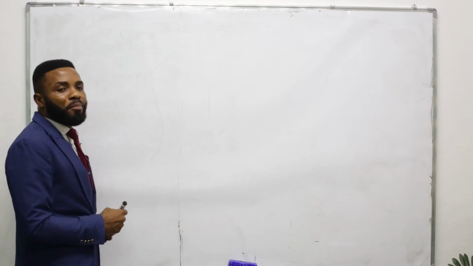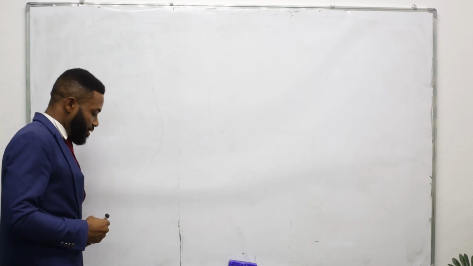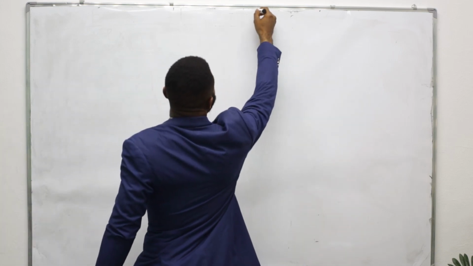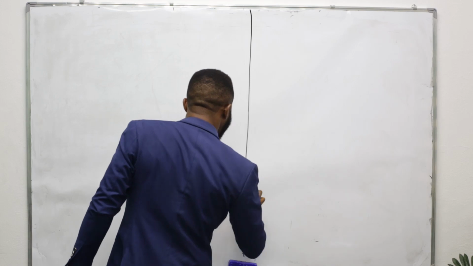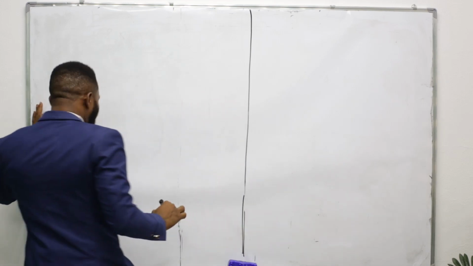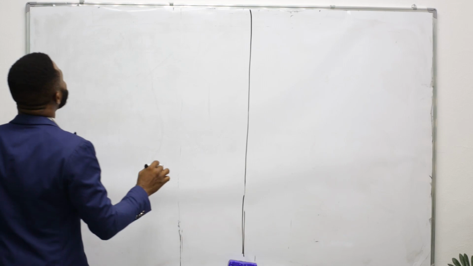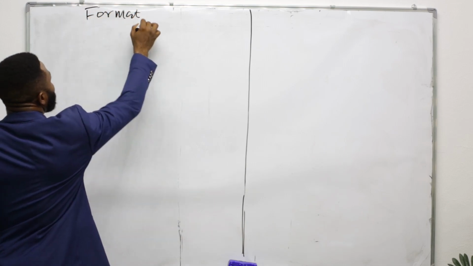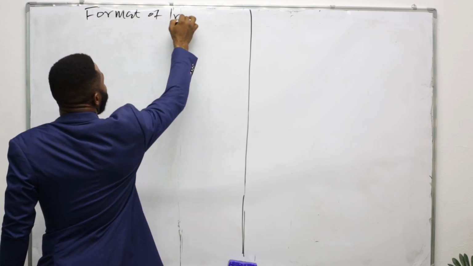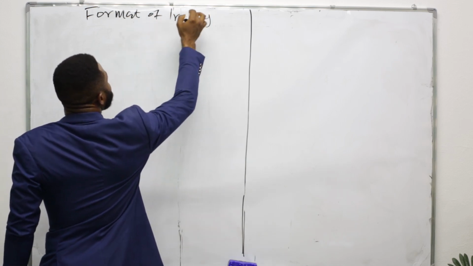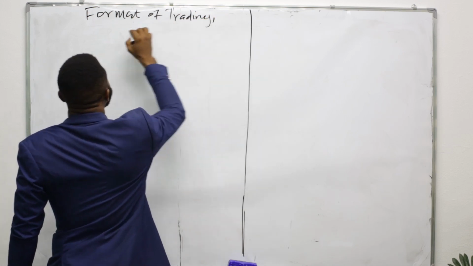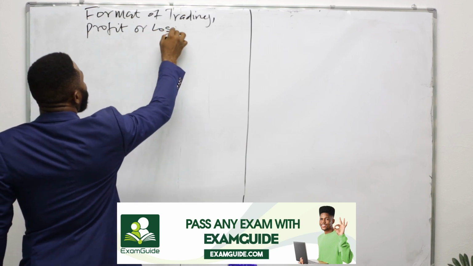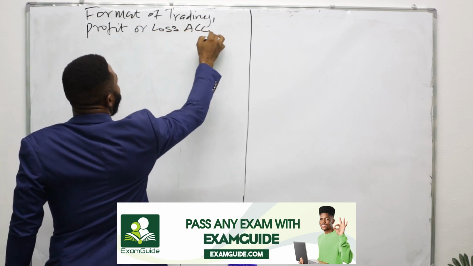So right now, I'm going to give us a format. I'll divide my board into two equal parts, and then I'm going to concentrate on one part here. So I'm going to write the format of trading profit or loss account.